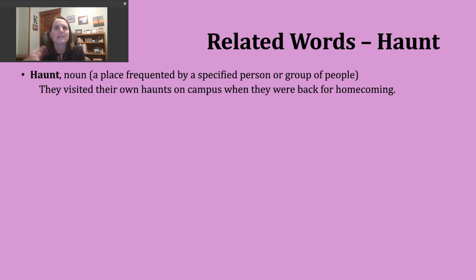Remember, visiting a place frequently. So the noun haunt can refer to a place that has been frequented by a specific person or maybe a group of people. An example of this: They visited their old haunts on campus when they were back for homecoming.